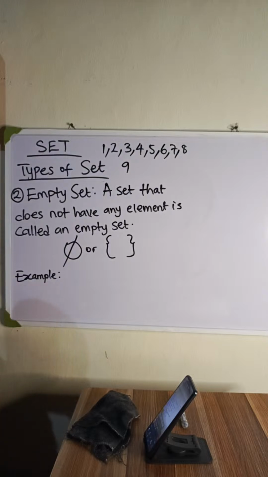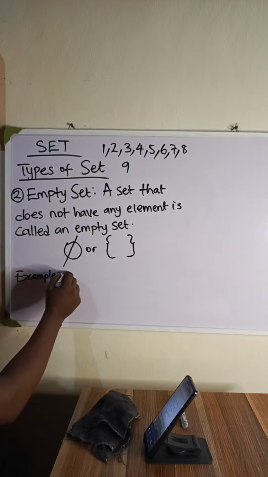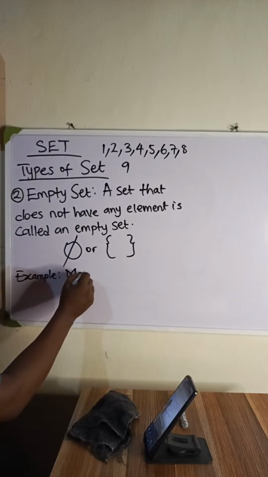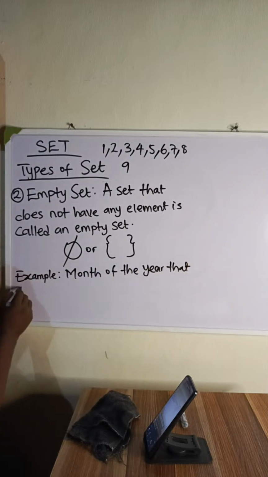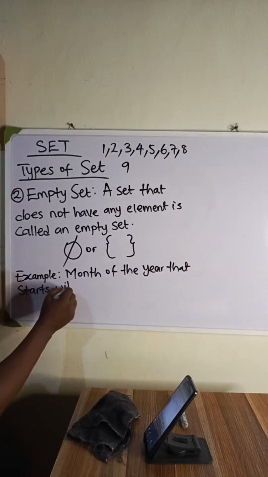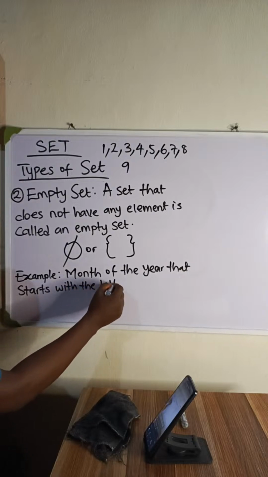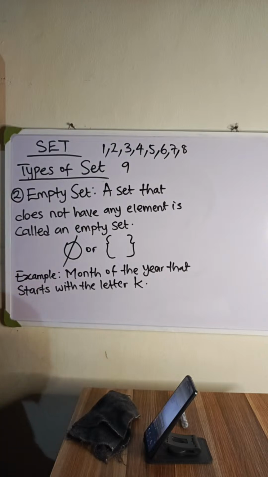Example of an empty set: a set containing months of the year that start with the letter K. If you look at all the months of the year, none of them starts with the letter K, right?